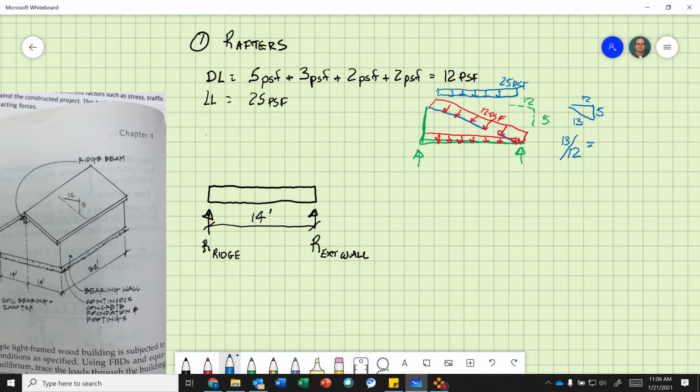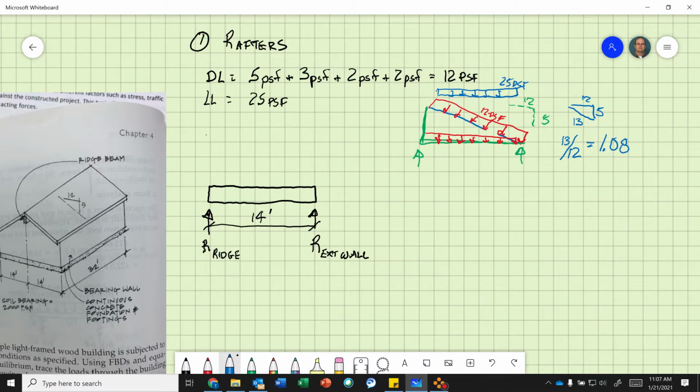Okay? So you take the hypotenuse and divide it by 12, and let's try that again, is 1.08.